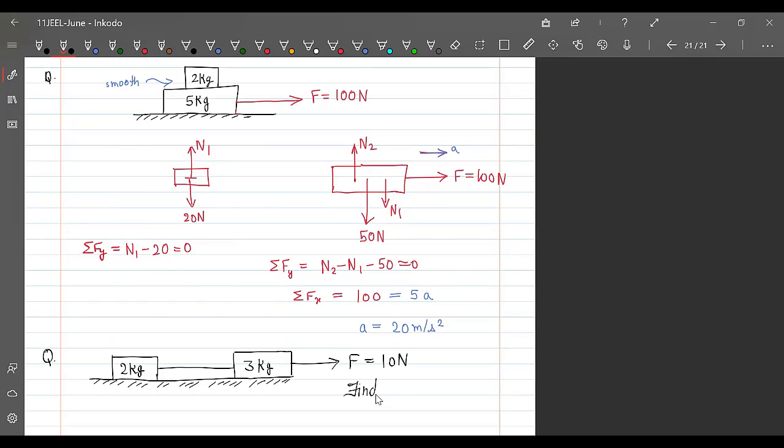Find acceleration of each block and tension in this rope.